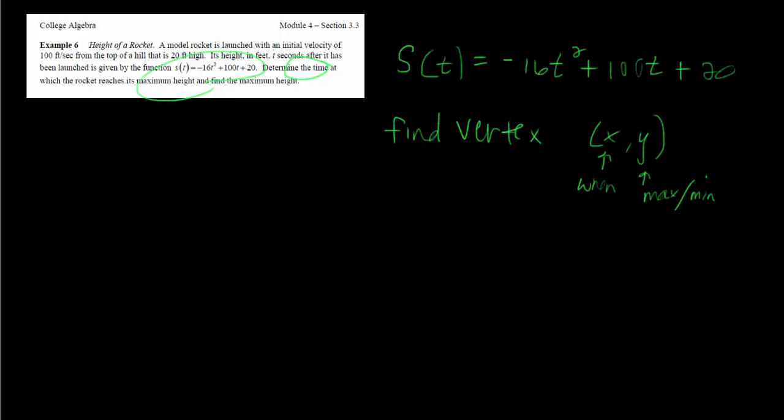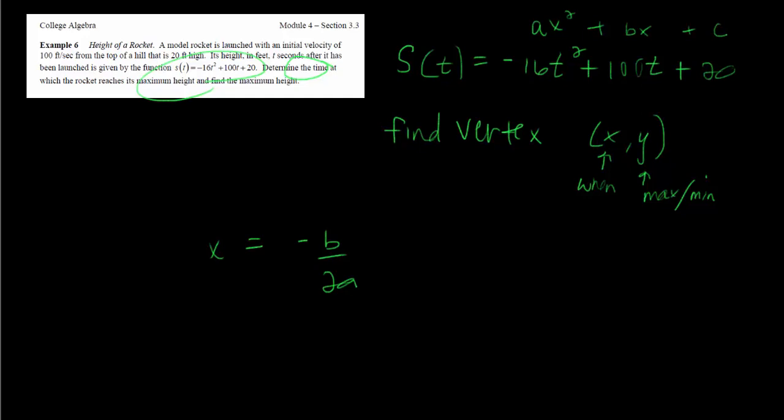Okay, so to find the vertex of the function, you say the x value will equal opposite b over 2a. And then once you have the x value, you can plug it into the function and find the y value. So this function is in the form of ax squared plus bx plus c.